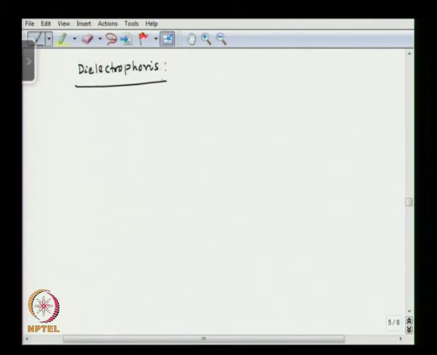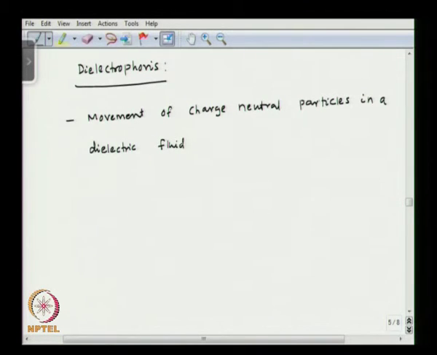Okay. So, we define dielectrophoresis as the movement of neutral, charge neutral particles in a dielectric fluid due to an inhomogeneous electric field.